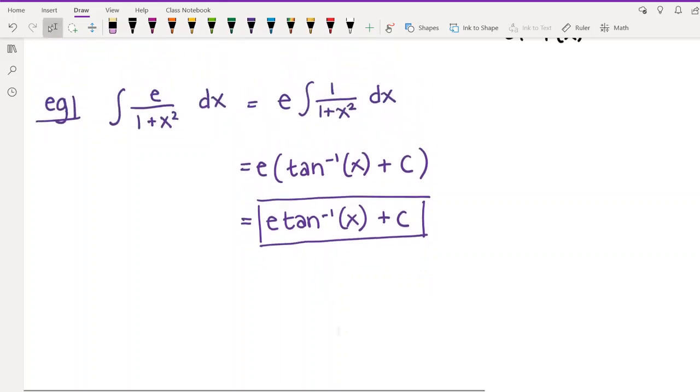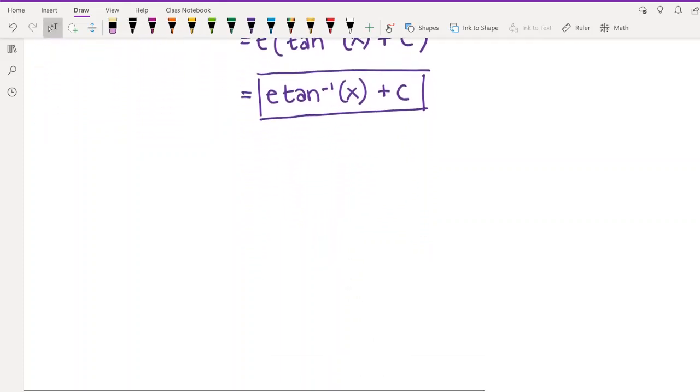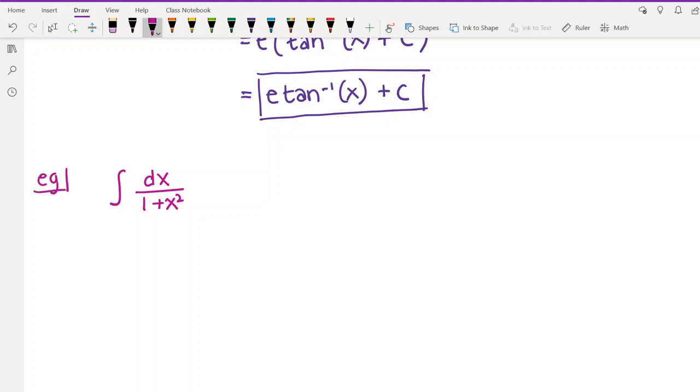And one other thing I want to mention here that I feel like I should have mentioned at some other point and I forgot. Let's say that instead your integral looked like this. What would that mean? That would just be a shorthand. Whenever you see an integral where there's a dx in the numerator, that's the same thing as saying the integral of 1 over 1 plus x squared dx.